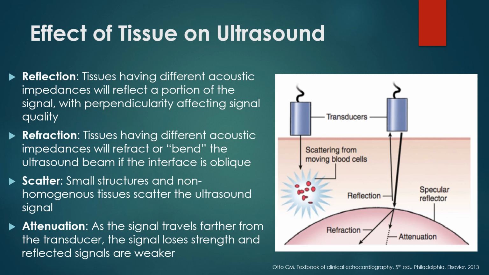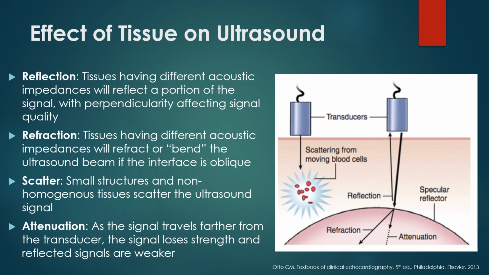Basically, the effect on tissue on ultrasound occurs in several ways, as artifacts. You have reflection, where tissues having different acoustic impedances reflect a portion of the signal, with perpendicularity affecting the signal quality, which is what we are very much dependent on when talking about reflection off of, say, a mitral valve or an aortic valve.